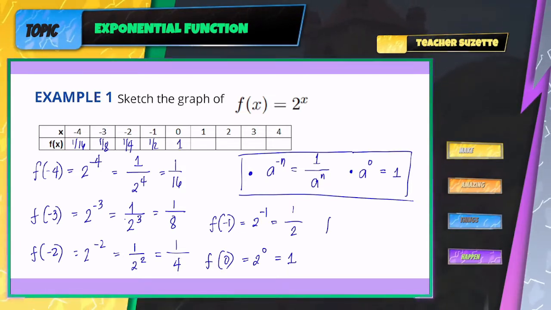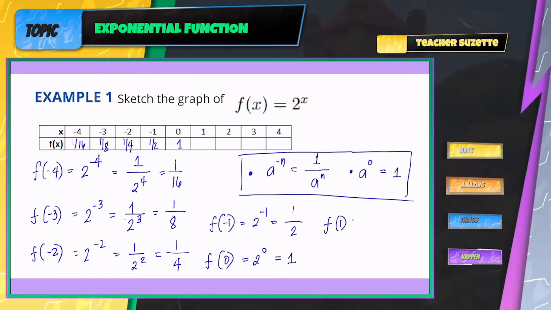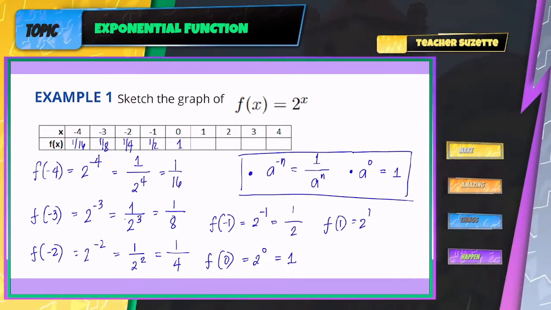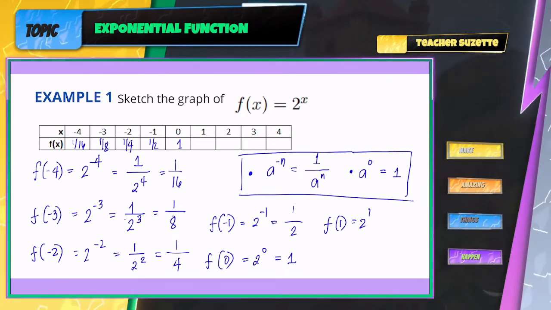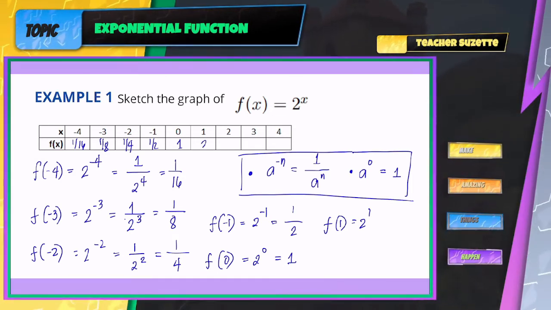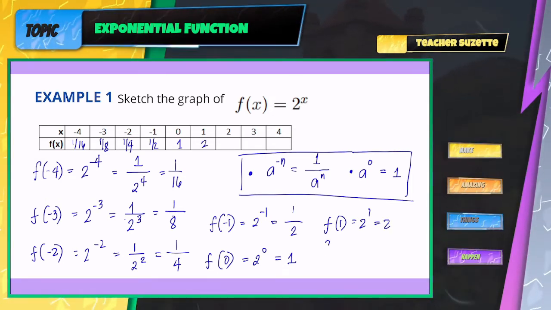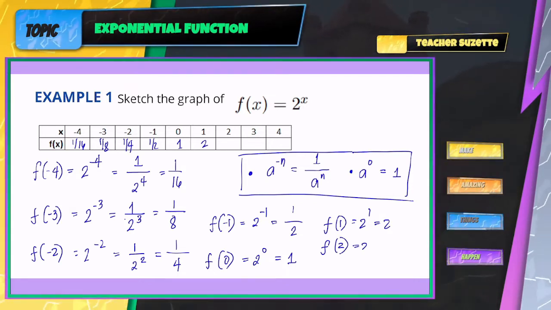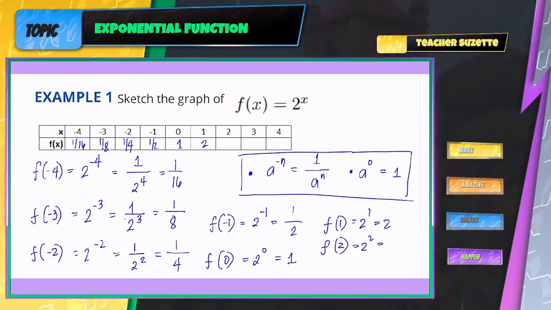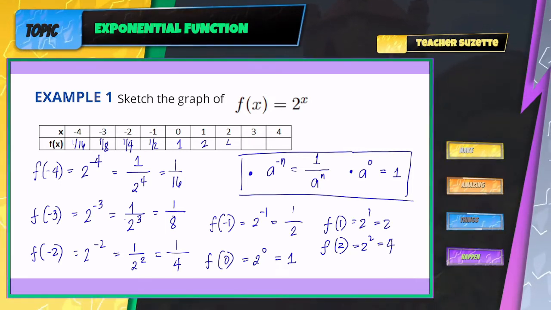Then, let's continue. Function of 1 is equal to 2 raised to 1. So, this is simple. 2 raised to 1 is 2 times itself once. So, that is equal to positive 2. Then, we have f of 2. You have 2 raised to 2, which is 2 times 2 equal to 4.